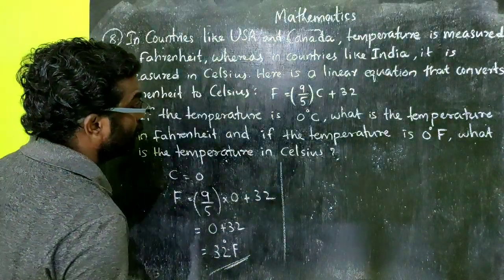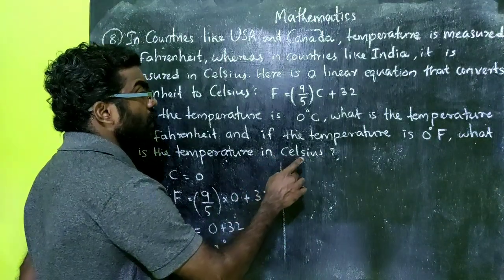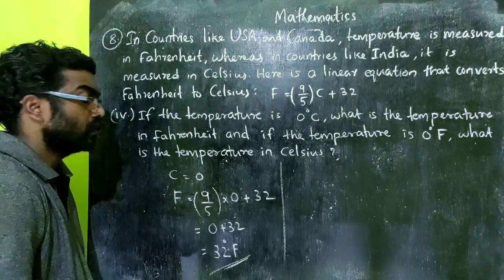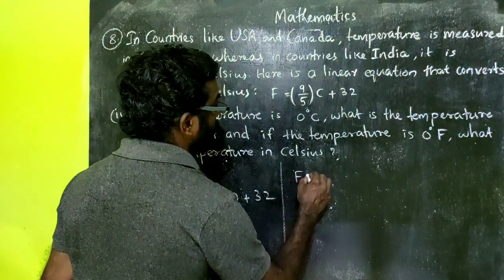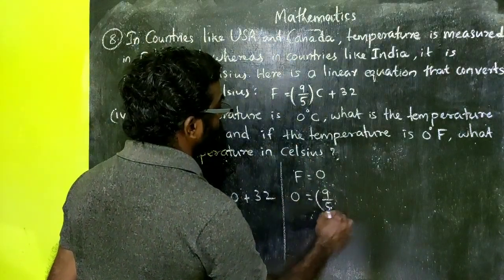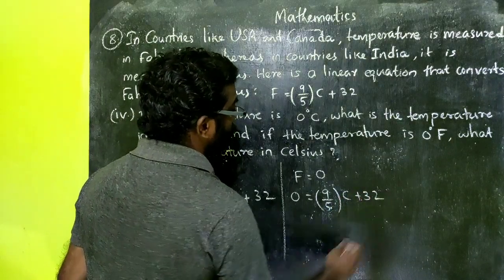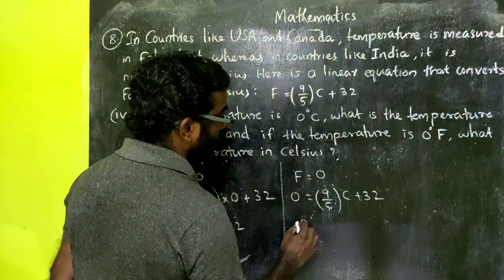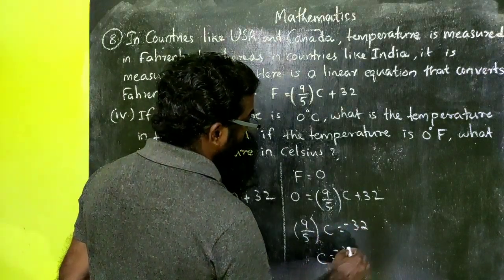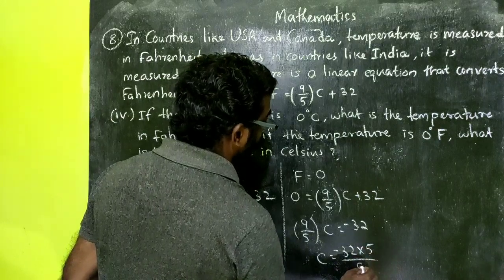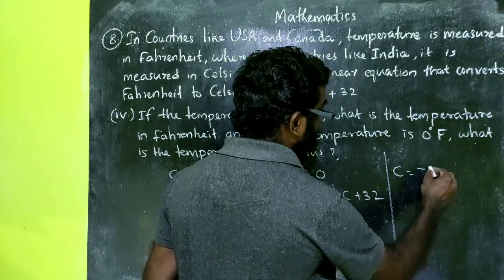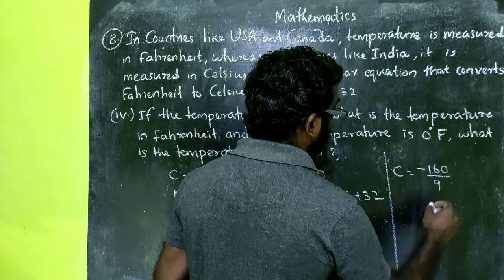Okay. And the second part is, if the temperature is 0 degrees Fahrenheit, what is the temperature in Celsius? So F is equal to 0, which implies 0 equal to 9 by 5 C plus 32. Or we can write 9 by 5 C is equal to minus 32. That is, C is equal to minus 32 into 5 divided by 9, which is equal to minus 160 divided by 9.